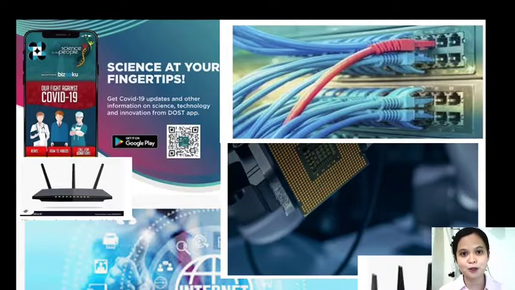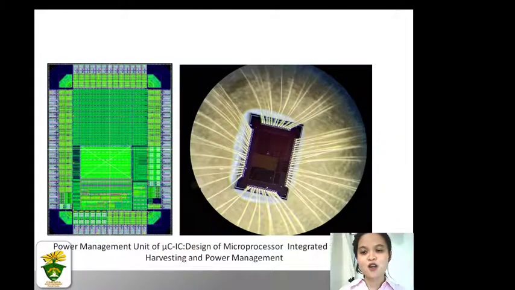Here is the power management unit for micro-IC design of a microprocessor integrated with energy harvesting and power management. Here is the layout view of the power management system, and here is the microscopic view of that IC. The power management that I've designed is able to supply 2.5 volts from a 1.2 volt battery.